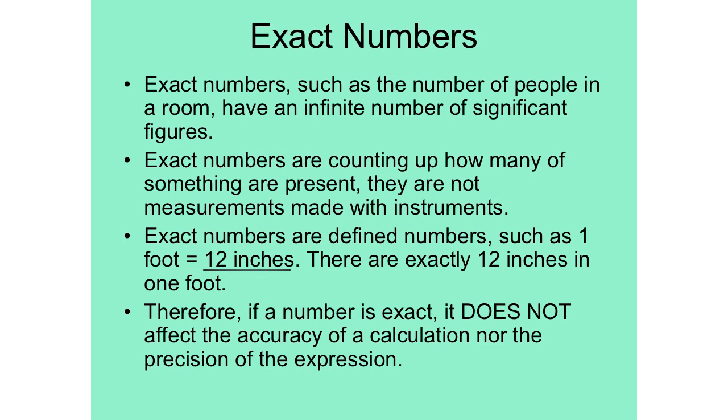It's not like sometimes there's 14 or sometimes there's 11.5 inches. By definition, 1 foot is equal to 12 inches. So on something like that, you wouldn't have to worry about significant figures since that's an exact number. It would have an infinite number of significant figures.